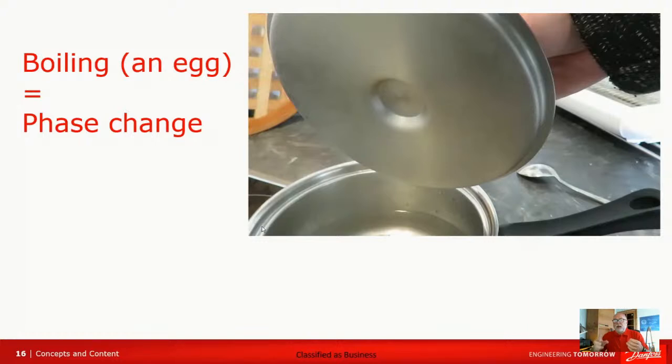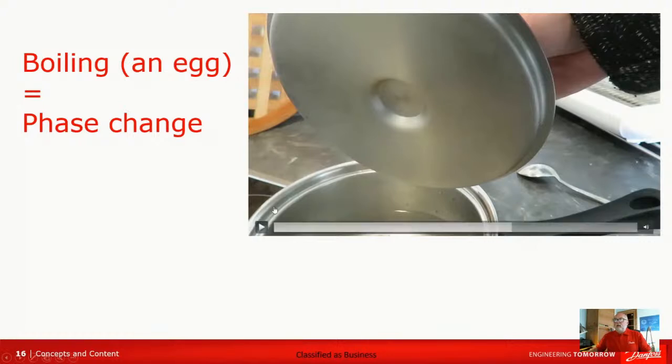All additional added energy is now used only for changing phase from liquid to vapor. You could pour any amount of energy into the water. It'll not raise the temperature, it'll just evaporate. I can see one of the questions being asked here is actually about this, and I'll come back to that later when I start answering questions.